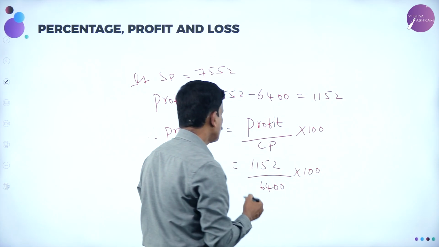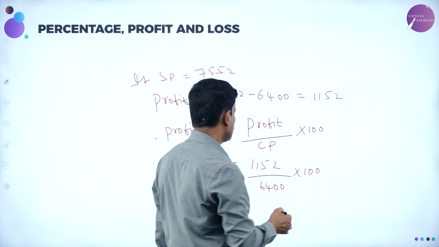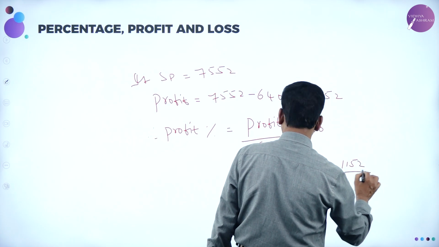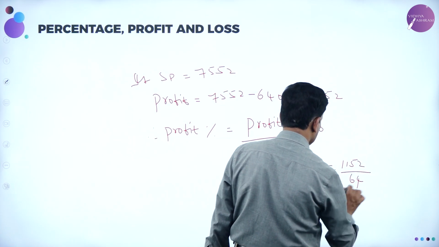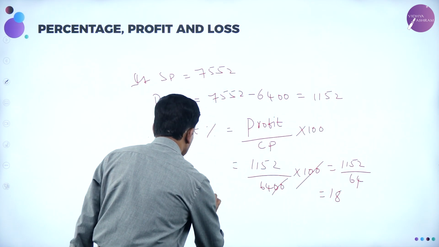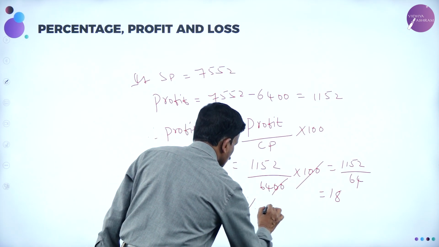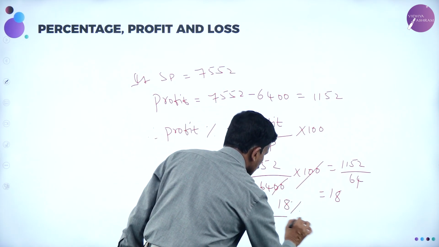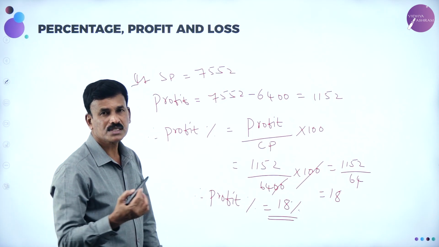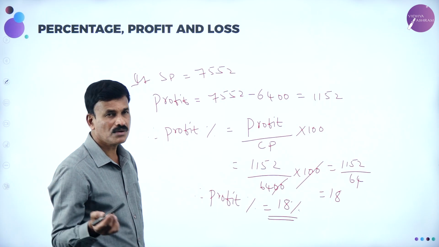So 1152 by 6400 into 100, the two zeros get cancelled, giving 1152 divided by 64. This is equal to 18. So the profit percent is equal to 18%.